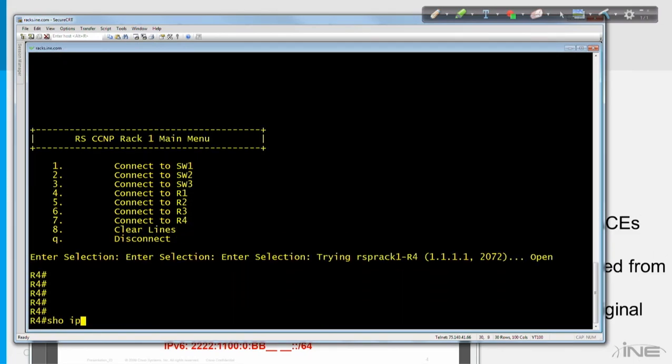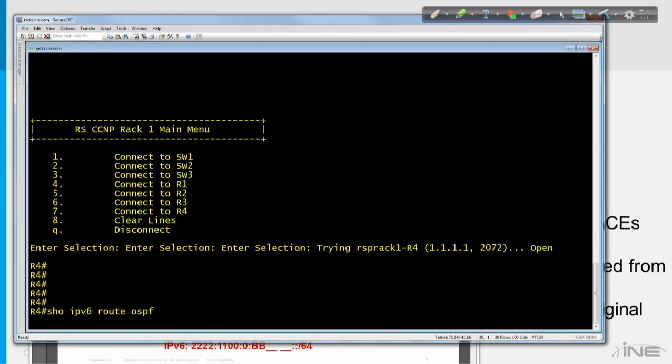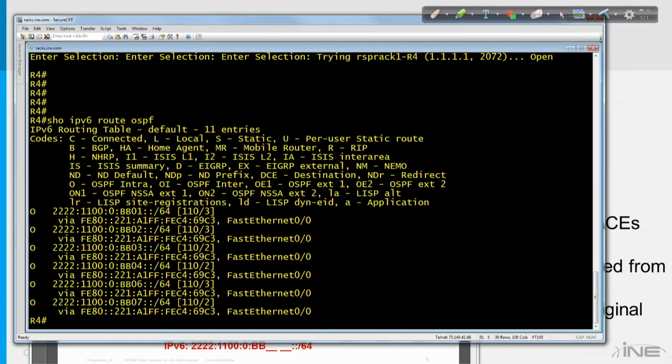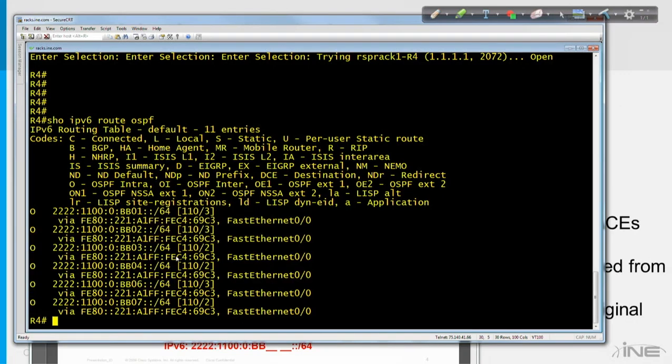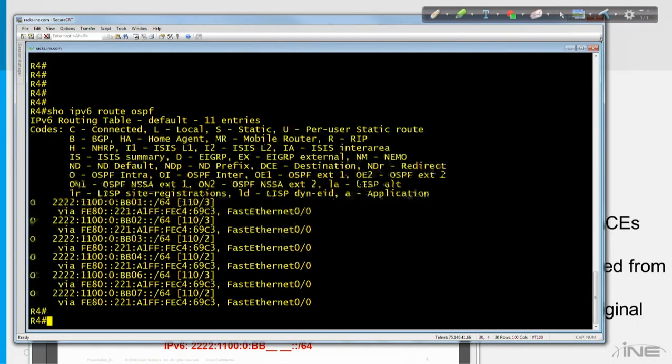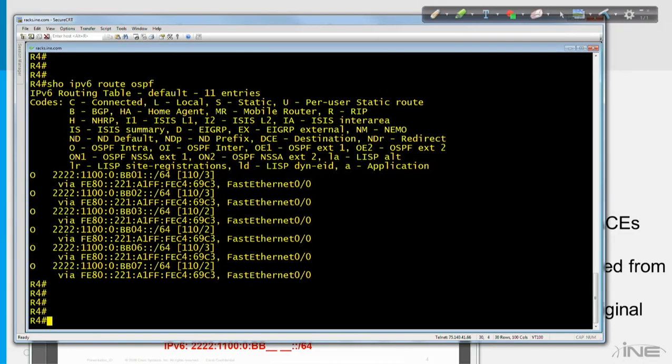Okay, show IPv6 route OSPF. He's got a few of them. We're looking for the BB0B, and he does not have it. I don't see BB0B. So let's see if he has an OSPFv3 relationship with router 3.